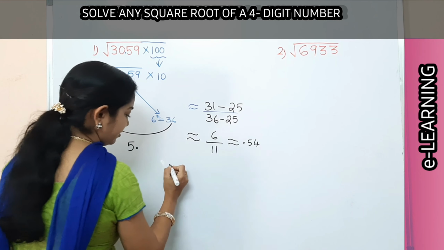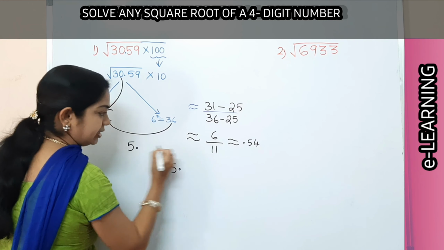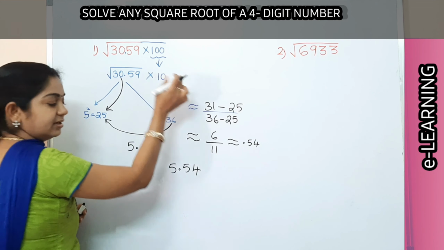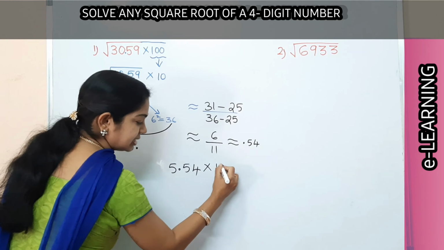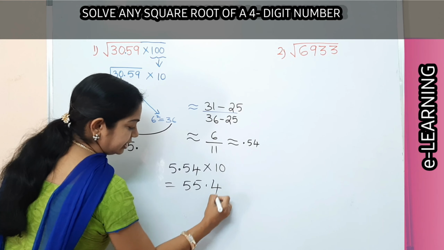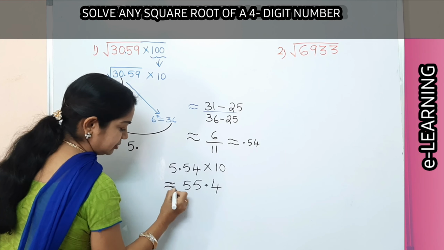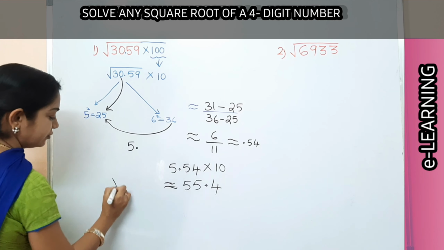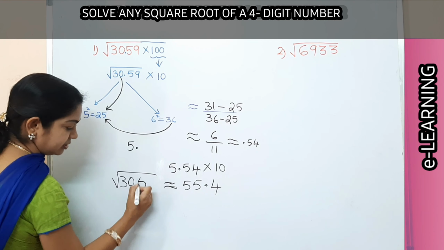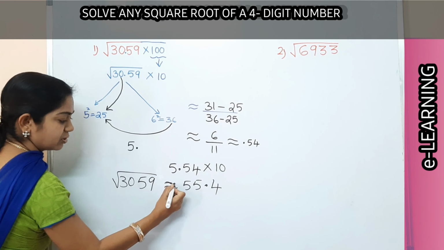So our answer is 5.54, but we also have 10 here. You have to multiply it with 10. So that comes to 55.4, the approximated value of the square root of 3059.